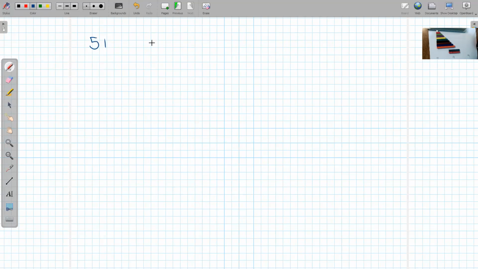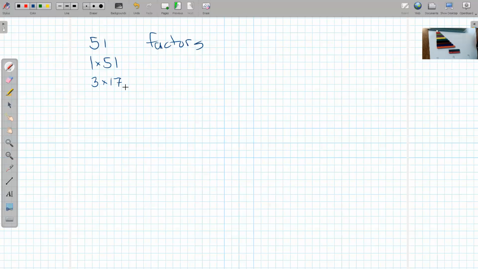So 51, I want to find the factors of 51. So 1 times 51. 2 doesn't work. 5 plus 1 is 6, so 3 goes in there. And let's see, 3 goes into 5 once with 2 left over. That's 21. 3 goes into 21 7 times. So 17 is the next one.